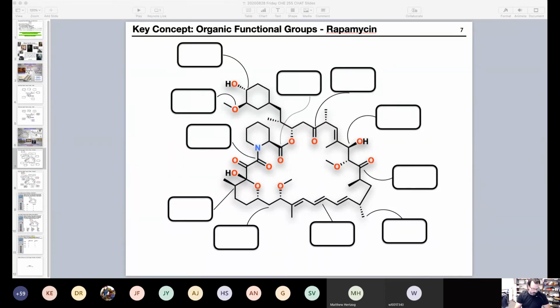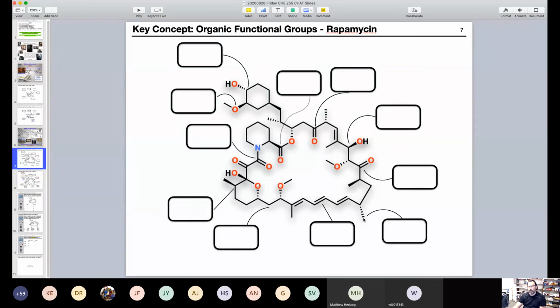I want to say that an alkane carbon, so this carbon I'm pointing to here, an sp3 hybridized carbon, has an oxidation state of 0.